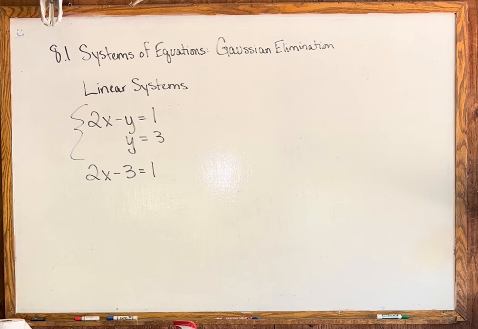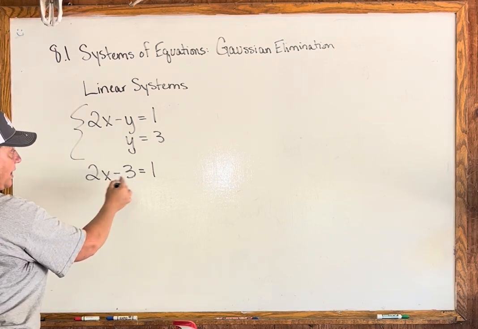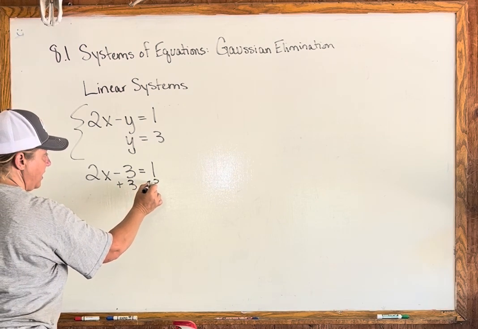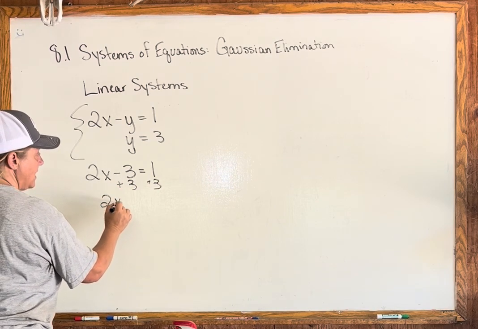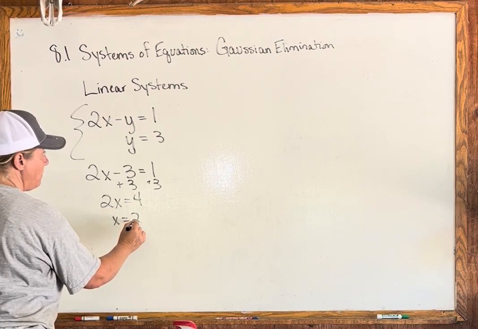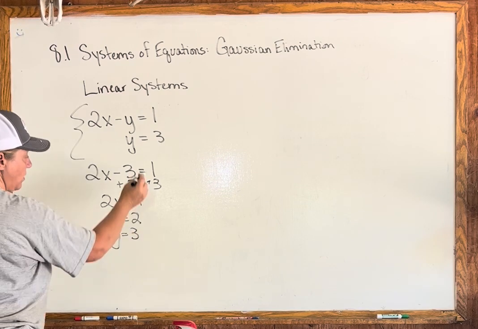We eliminate a variable, and that's what Gaussian elimination says. Now from here, we can figure out what x equals. We add 3, so we have 2x equals 4, so x equals 2, and we also know that y was equal to 3.